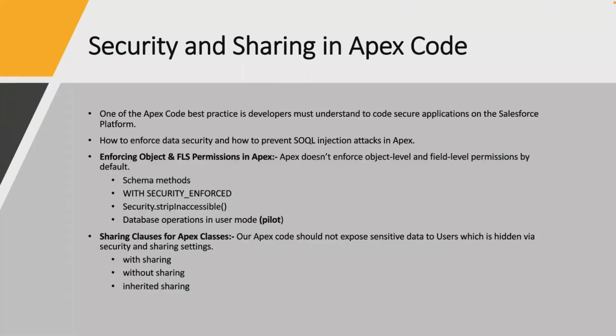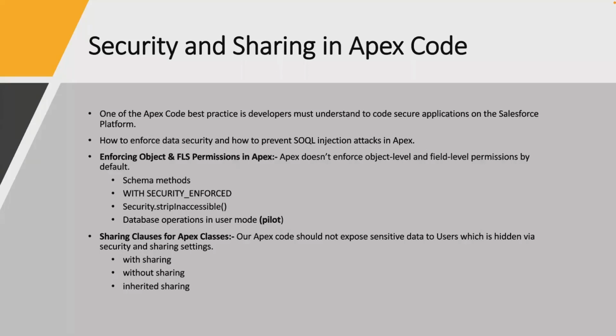Next is security and sharing of Apex code. By default, any Apex class runs in system mode. To enforce security, we use object and field level security in Apex, or some sharing clause. Let's suppose for any object we have created a sharing rule.